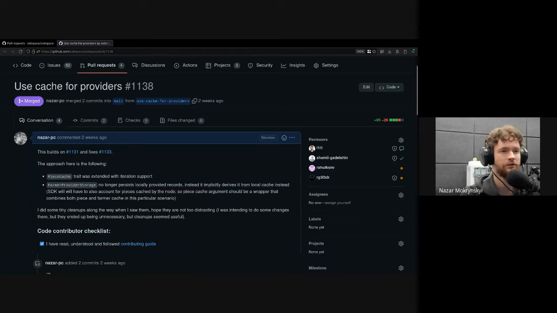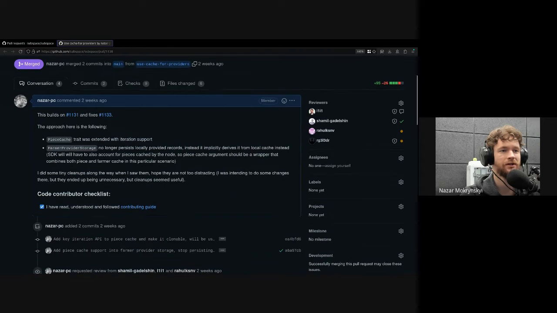Yes, cache for providers. Basically on the farmer side, we had separation for different kinds of announcements that we are aware of. One of them was announcements from the outside: someone announced to us that they have something.